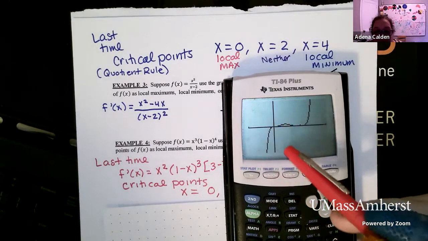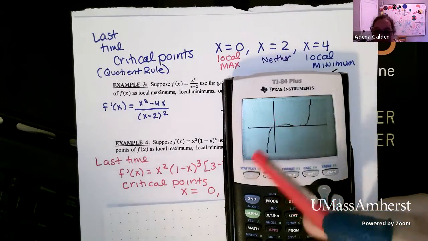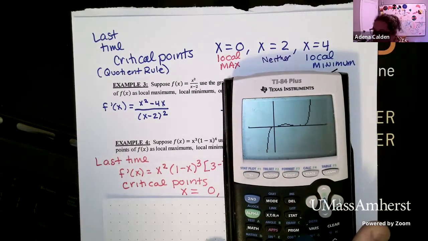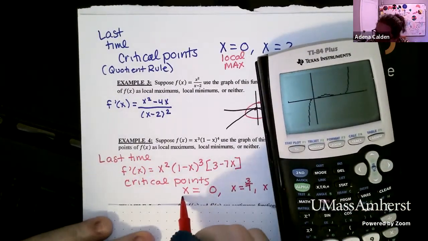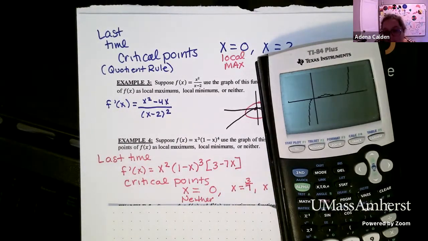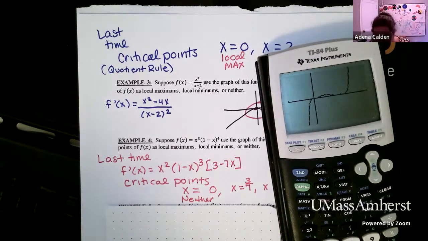So it doesn't turn around to create any sort of nice, easy to identify local max or min. So I think that x equals 0 is going to be a case of neither, because again, the rules say you have to go from increasing to decreasing or decreasing to increasing.